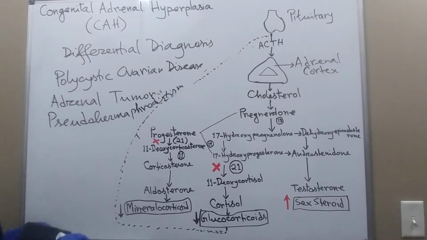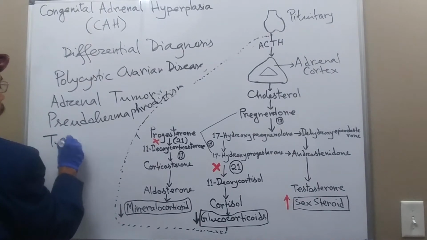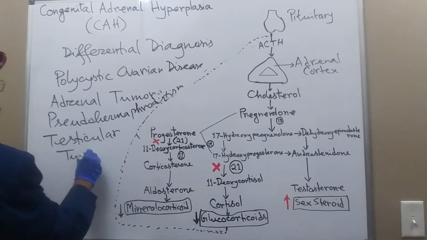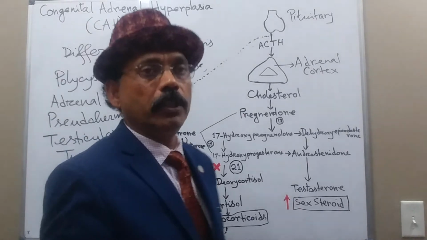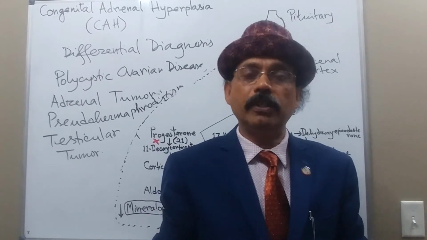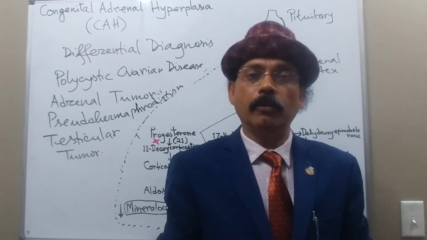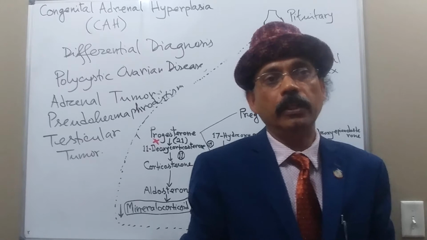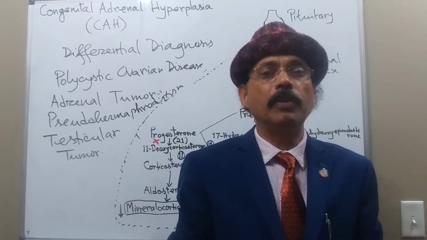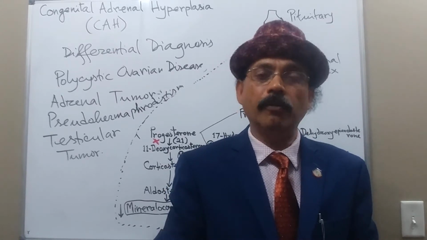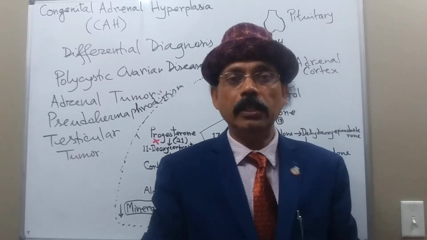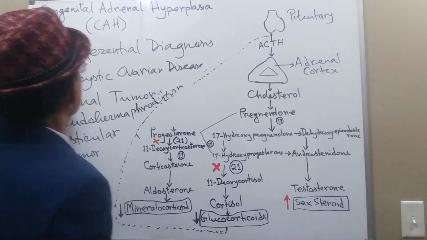And there may be a testicular tumor in our differential diagnosis. It may be possible to diagnose congenital adrenal hyperplasia in a fetus by doing amniocentesis and chorionic villus biopsy. We can study and manage it, even in the case of a female fetus. A female fetus with congenital adrenal hyperplasia can be managed by steroid intake of the mother. The mother can take steroid that may prevent the genital ambiguity in a female fetus.